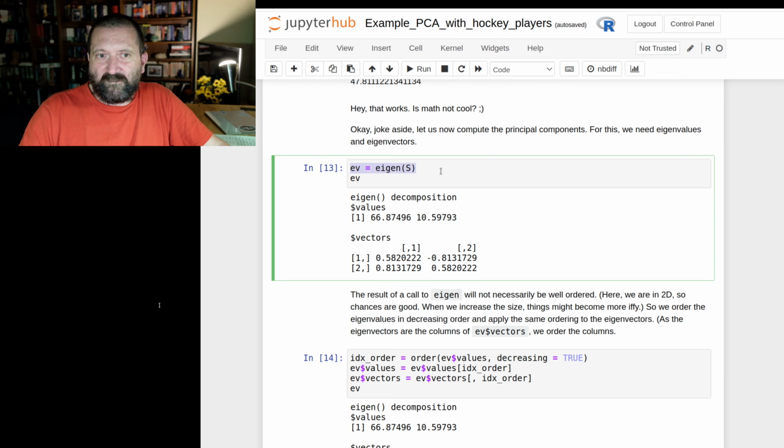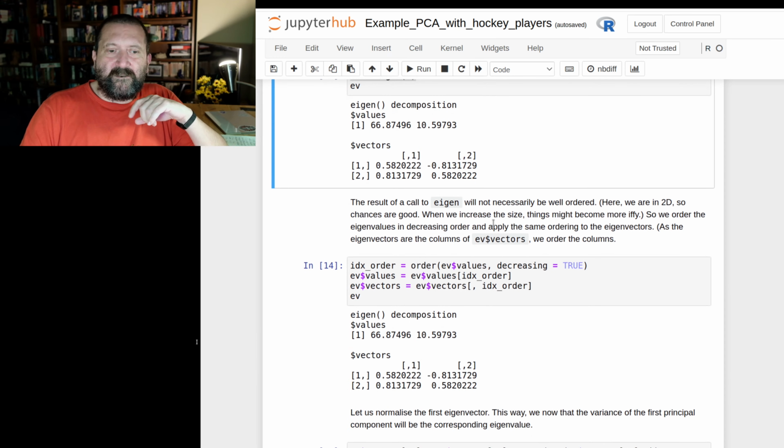First we use the function eigen to find the eigenvalues, and we find these two eigenvalues. The largest is 66, the second is 10, and the corresponding eigenvectors are, this one corresponds to 66, and this one corresponds to 10.